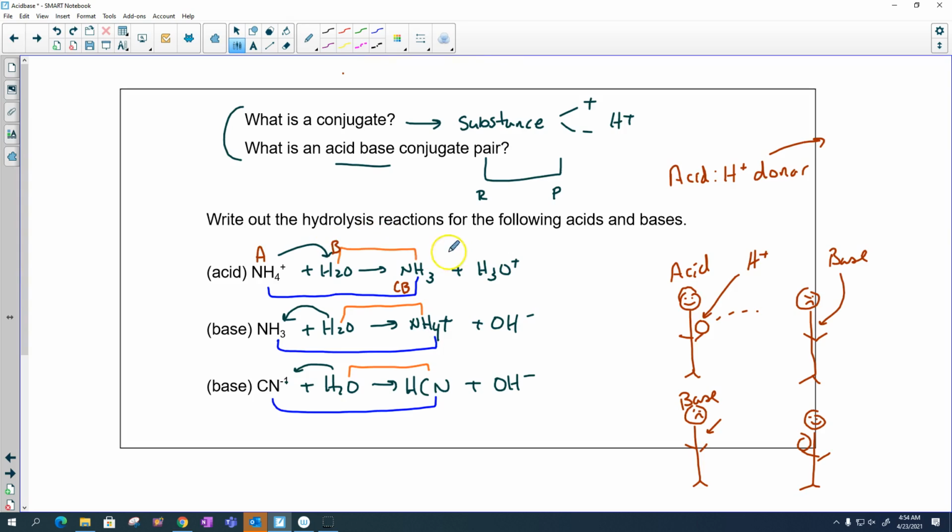I put that in the wrong one. This one goes to that guy. This is the conjugate acid. This guy is my base. This is my conjugate acid. This is my acid because it's donating. This is my conjugate base. This is my base, my conjugate acid. This is my acid, my conjugate base.